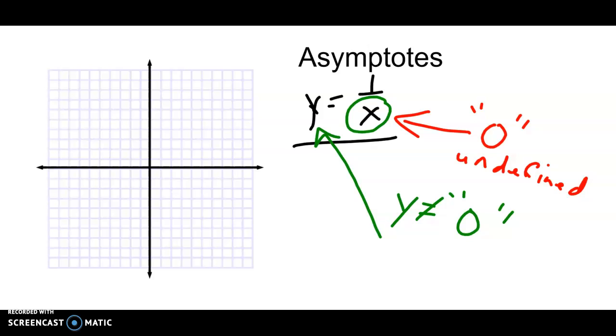We're going to have a horizontal asymptote and a vertical asymptote. Our horizontal asymptote is going to be y equals 0, and x equals 0 is going to be our vertical asymptote. So x equals 0 and y equals 0. Those are the two asymptotic lines.